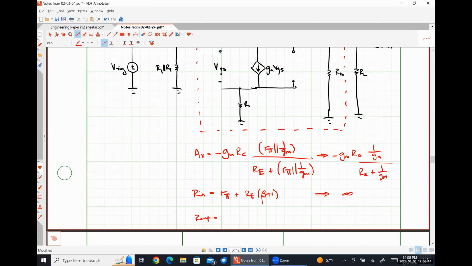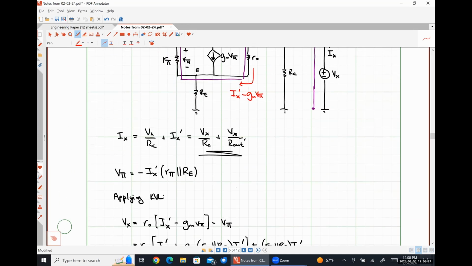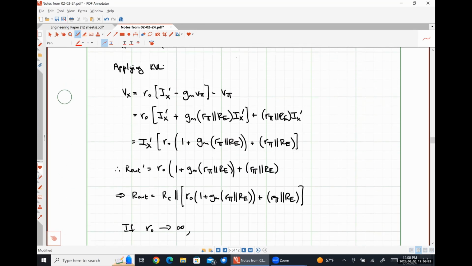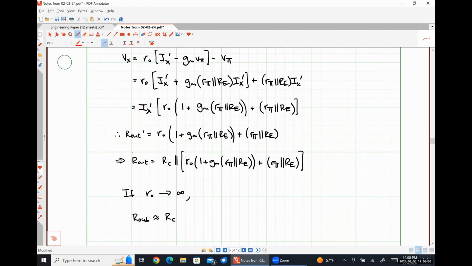What's our Rout going to look like? So if we scroll back up here, Rout could look like RC for the BJT, which will just be RD for the MOSFET.